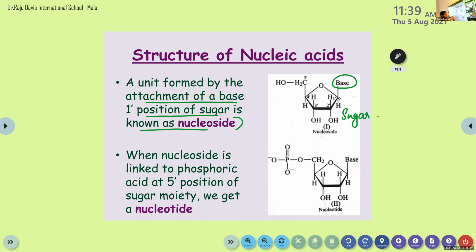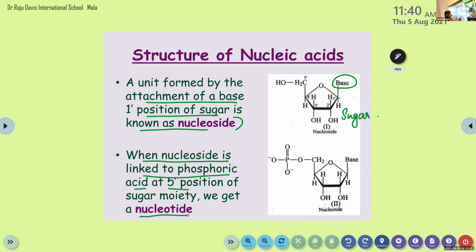So there are 3 components: sugar molecule, phosphate group, base. In a nucleoside, the first position of the sugar molecule is occupied by a base. It is known as nucleoside. Then there is one more group, that is phosphate group. When this nucleoside is linked to phosphoric acid at the 5th position of the sugar moiety, we get a nucleotide.